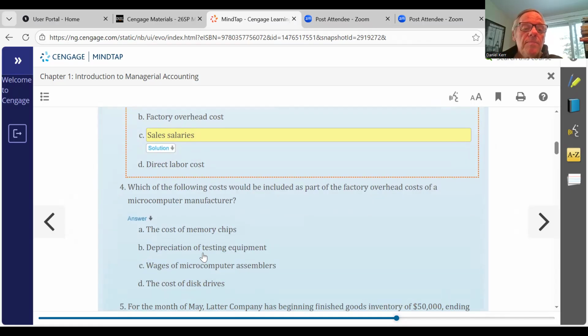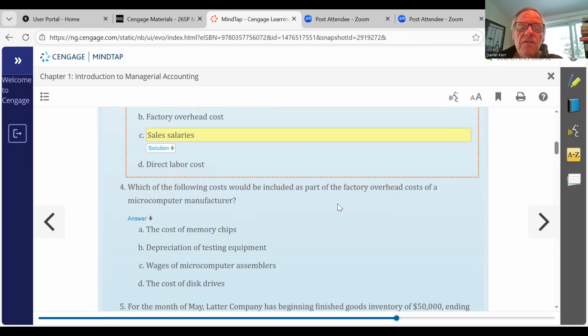Number 4, which of the following costs would not be included as part of the factory overhead costs for a microcomputer manufacturer? Would be included, I'm sorry, which of the following costs would be included as factory overhead costs for a microcomputer?